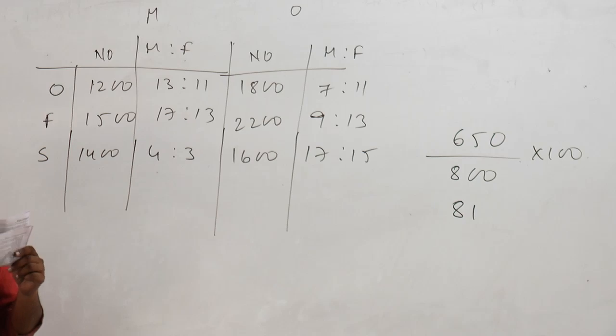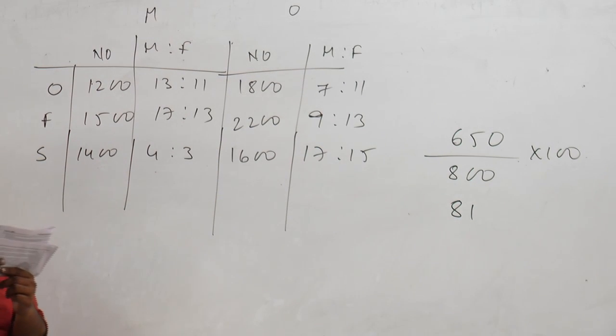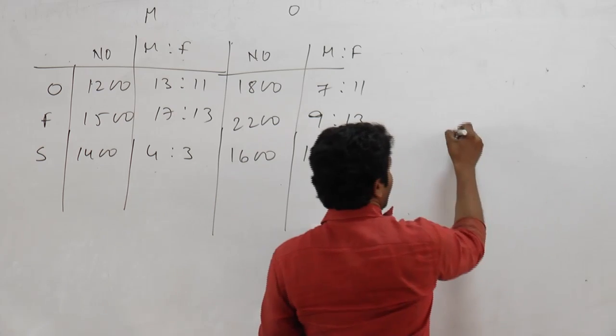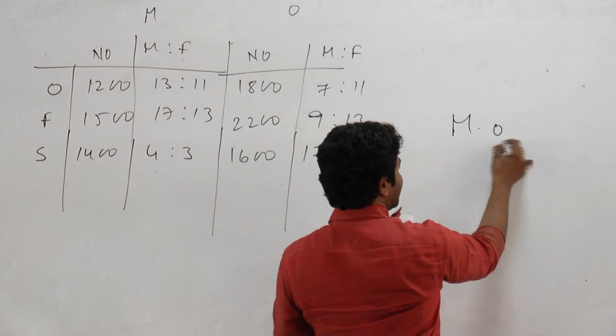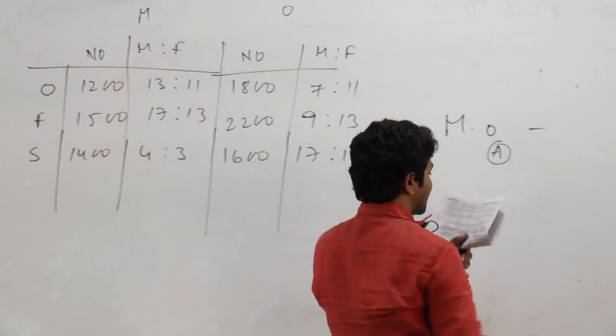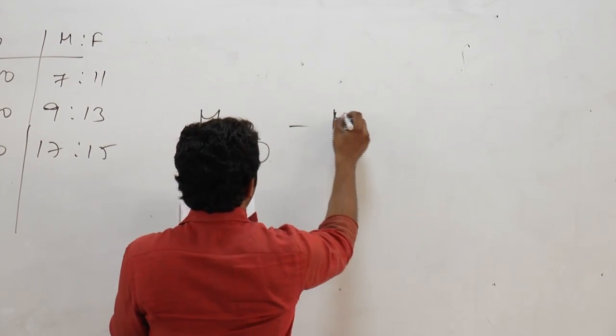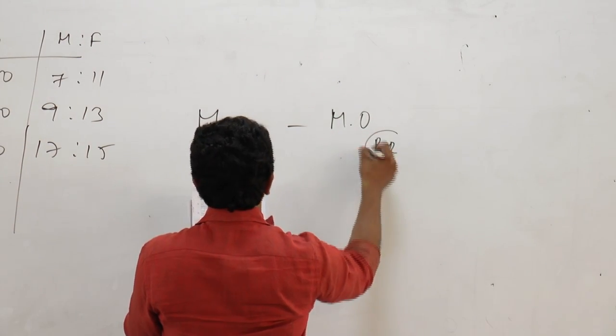53. What is the difference between total number of male officers in advertising and the public relation departments, and total number of female managers in these two departments? Male officers in public relation.